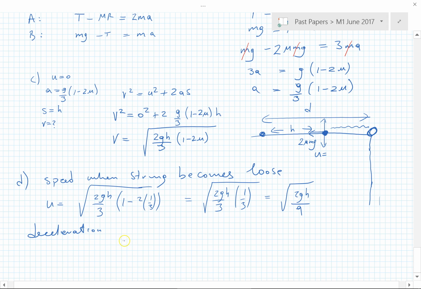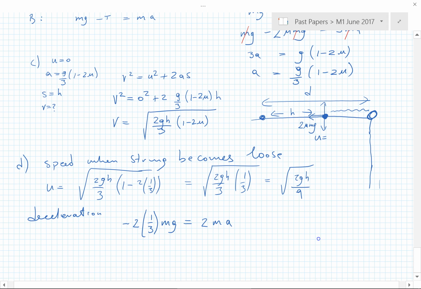So we can say that minus the friction, 2 times a third mg, because mu is a third, we're told, is equal to the mass times acceleration, which is 2ma. Obviously m cancels. So we can say that a is equal to minus a third g.